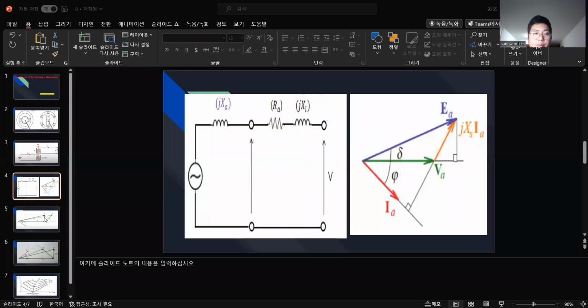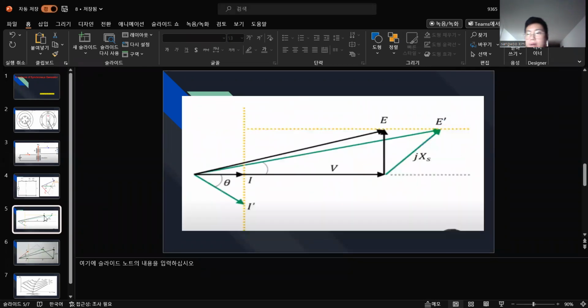And then, okay. So as I already said, the magnitude is 4.44 N f phi, sorry, phi f, right?